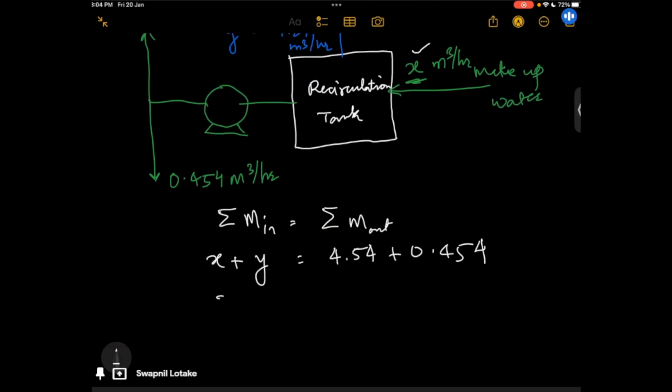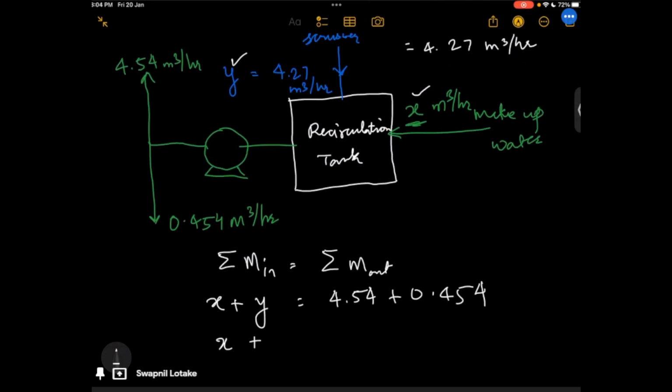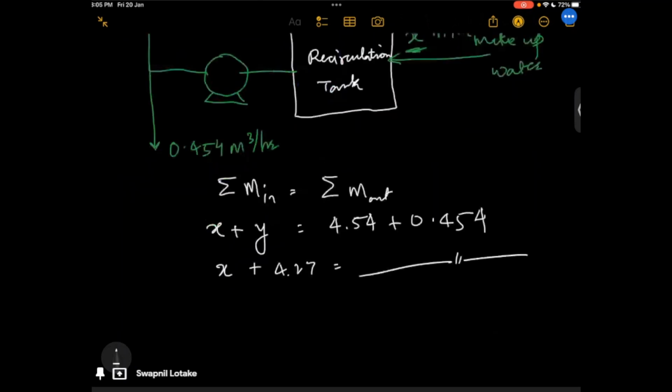Now we know what y is, 4.27. So similarly, we'll calculate x. Sorry, I mistakenly added it. It is 0.724.